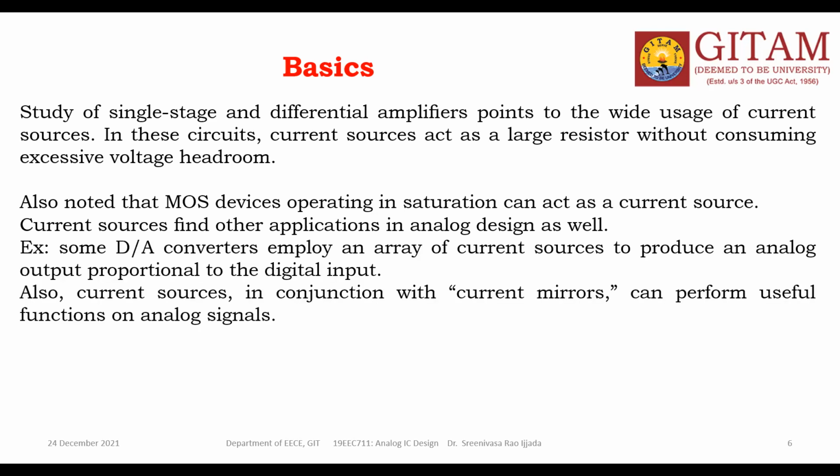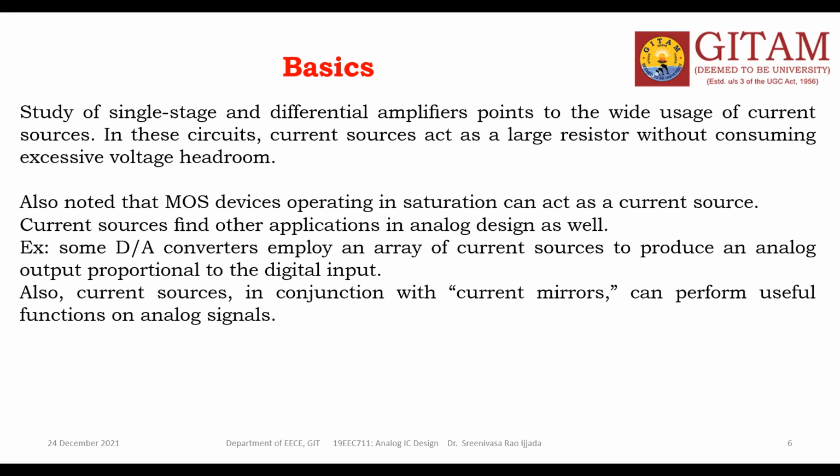One more thing, current sources in conjunction with the current mirrors can perform useful functions in the analog circuits. What do you mean by mirror? As you know, when you stand against the mirror, you can see your object in the mirror.